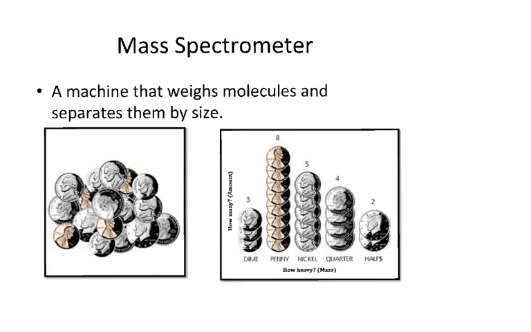So essentially that's what a mass spectrometer does. If we put this pile of change in a mass spectrometer for coins, you would get two measures here. You would get an idea of how many, and then you would get an idea of how heavy.